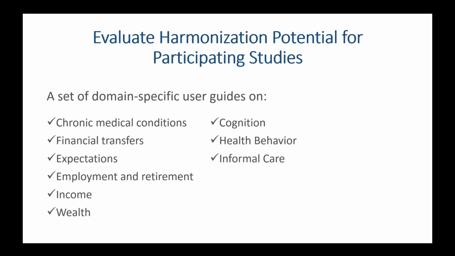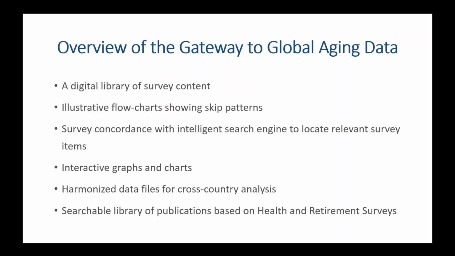So we have these for chronic medical conditions, financial transfers, expectations, employment and retirement, income, wealth, cognition, health behavior, and informal care. And I'll show you where you can download these. These are freely available for downloading on our website also. And then we also built this web tool, the overview, the gateway to global aging data.